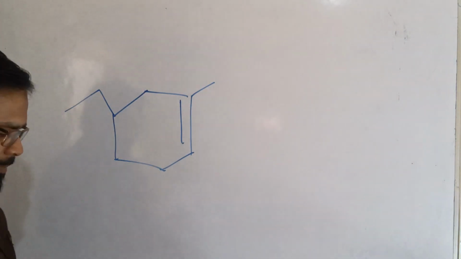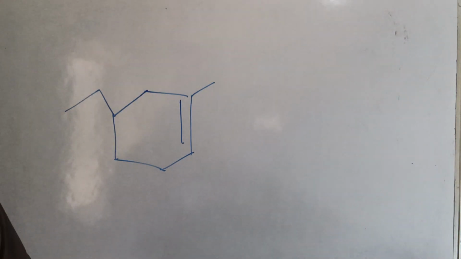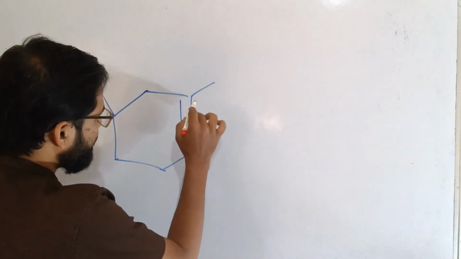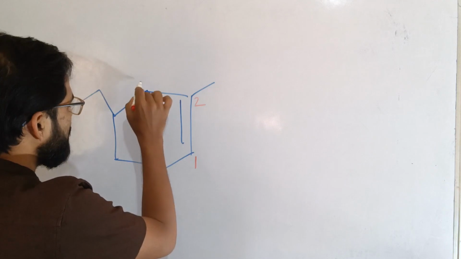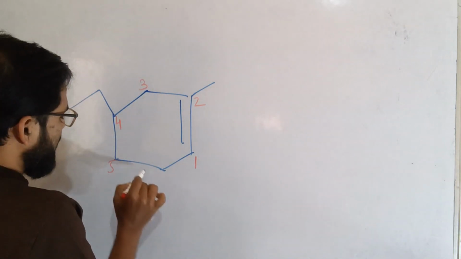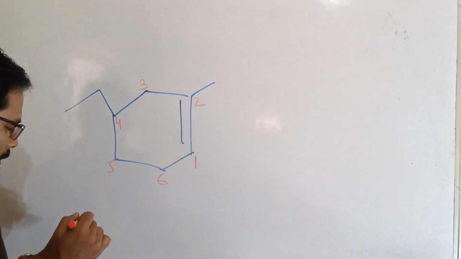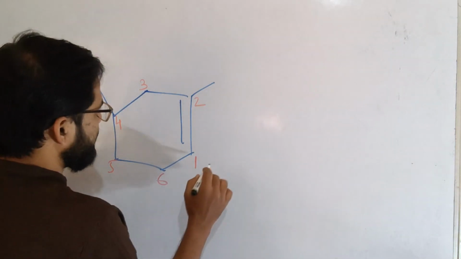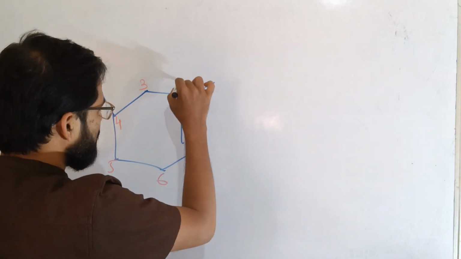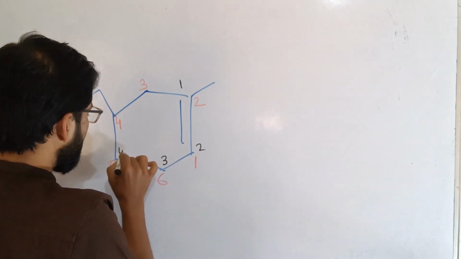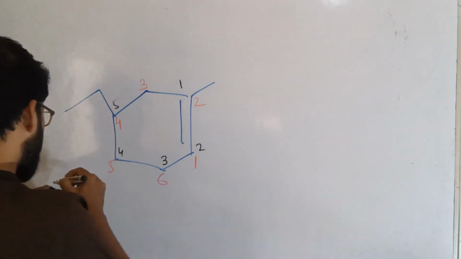I am just numbering here in red first. 1, 2, 3, 4, 5, 6. Red color numbering. And another numbering, in black, starting from here. 1, 2, 3, 4, 5.